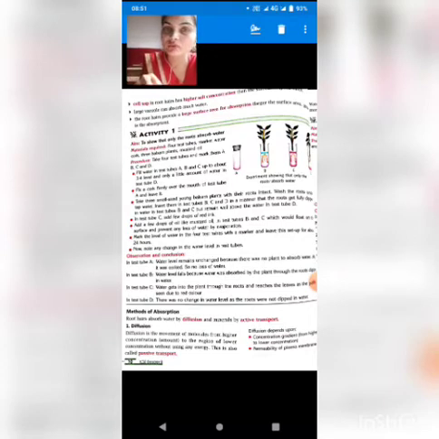So the soil now contains a greater amount of water, and now those water molecules move from the soil region to the root hair region, because in the soil the concentration of water is high in comparison to the root hairs.